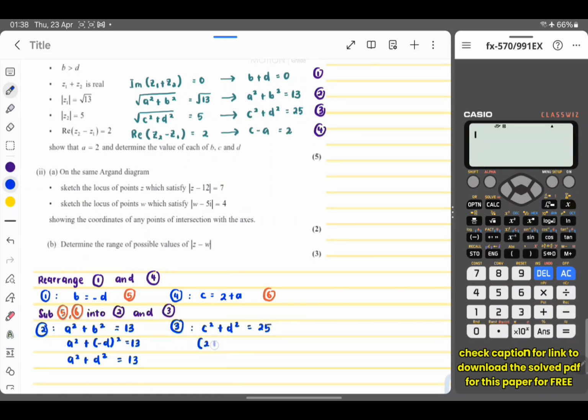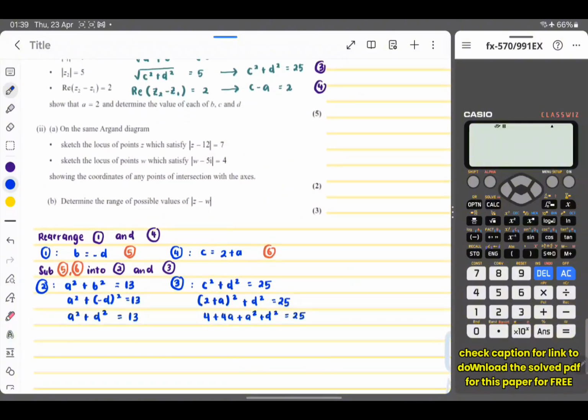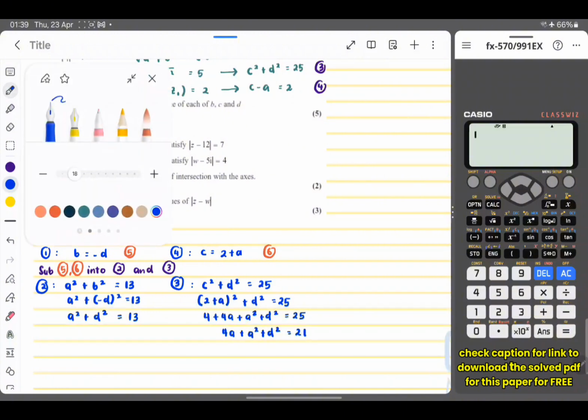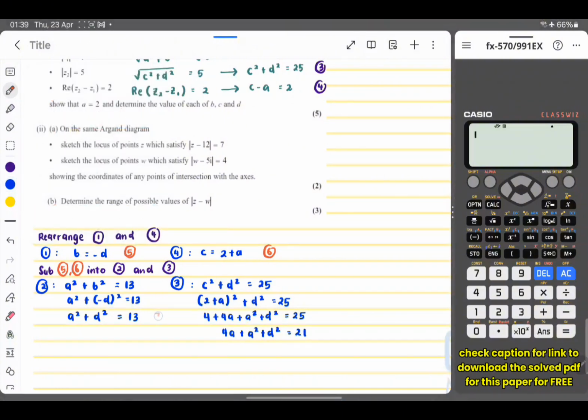What is C? C is 2 plus A, so 2 plus A square plus D square is equal to 25. Let's expand this and I will get 4 plus 4A plus A square plus D square equals 25. If I rearrange and simplify, I will get 4A plus A squared plus D squared is equal to 21. Let me name these equation 7 and 8.